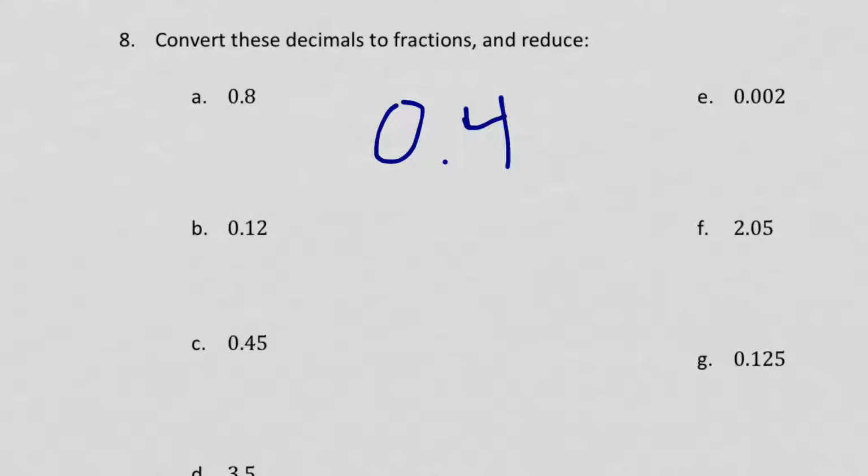When we look at the place value for these, this is the ones column, and this is the tenths column, right? Each number that's in the tenths column holds a value of 1 over 10, which would be equivalent to 0.1, right? So we're looking at 0.4 over here, I realize that.